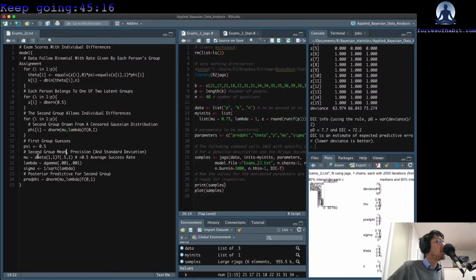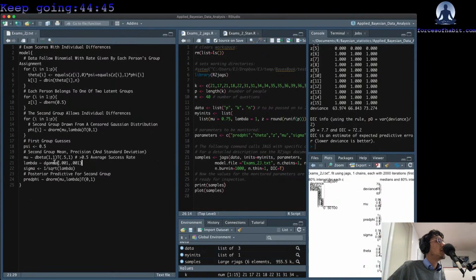Here, mu is a beta distribution, uninformative, but censored so that the average success rate is above 50%, so 0.5 to 1. And then we use a gamma distribution with what is considered uninformative priors for lambda.